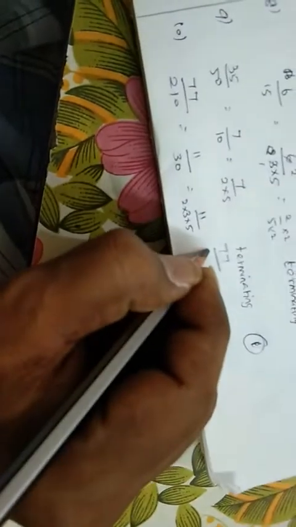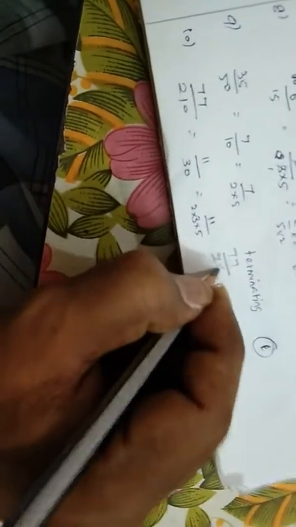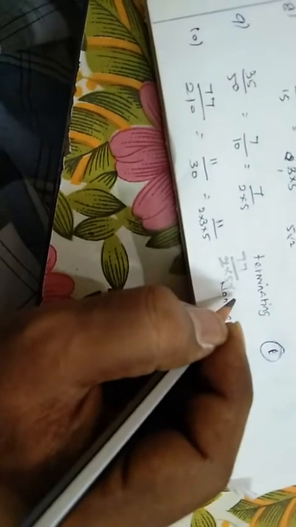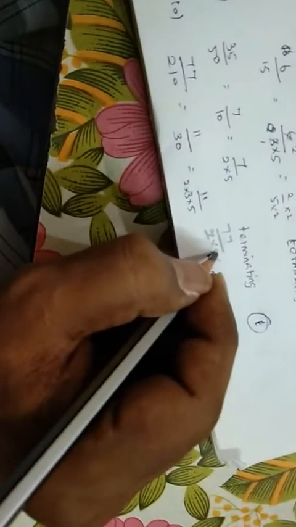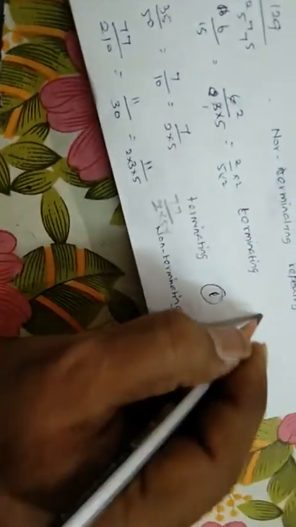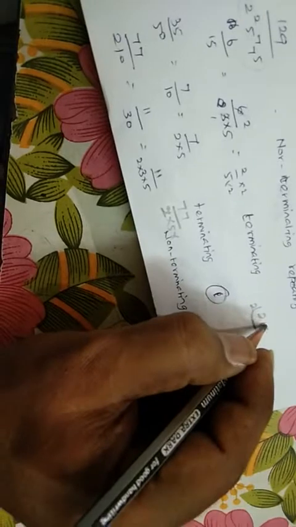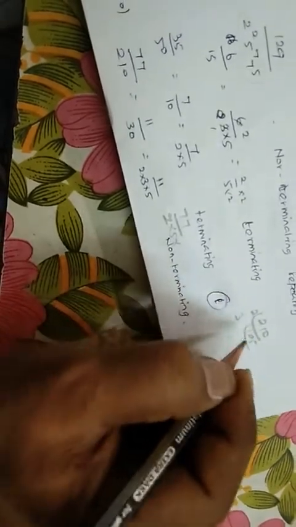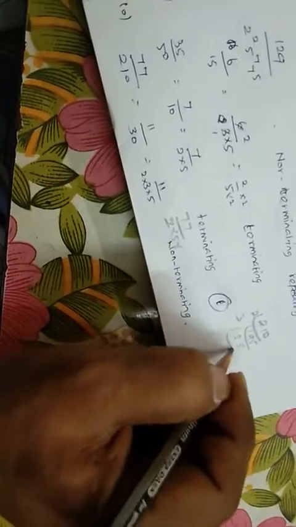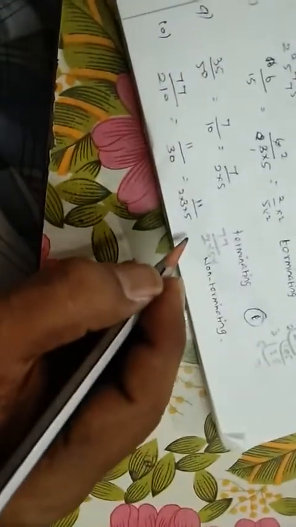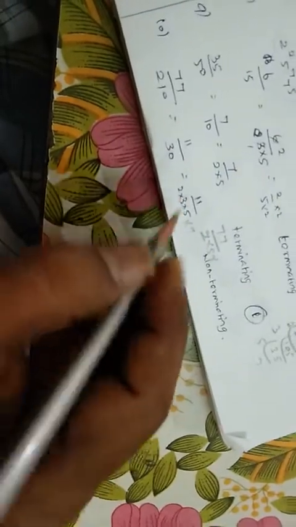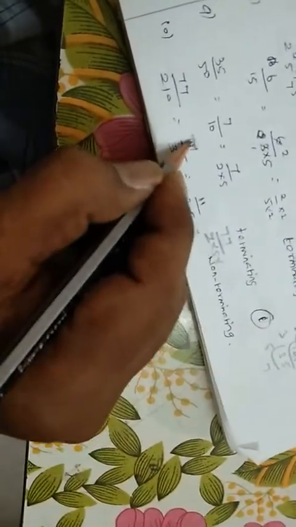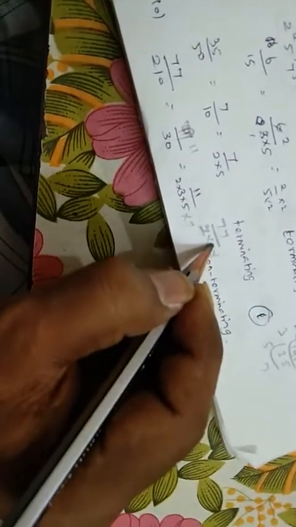Next, 77 by 210, cancel by 7 first. 210 factors are 2 into 3 into 5 into 7.